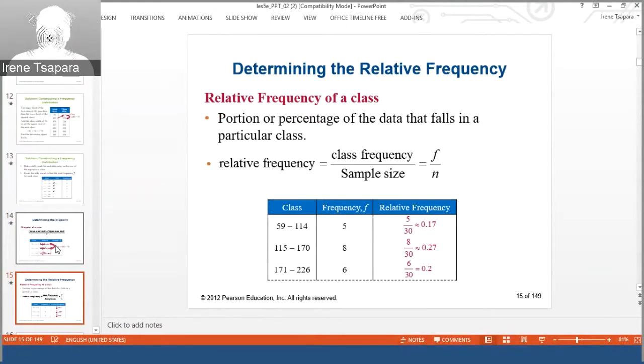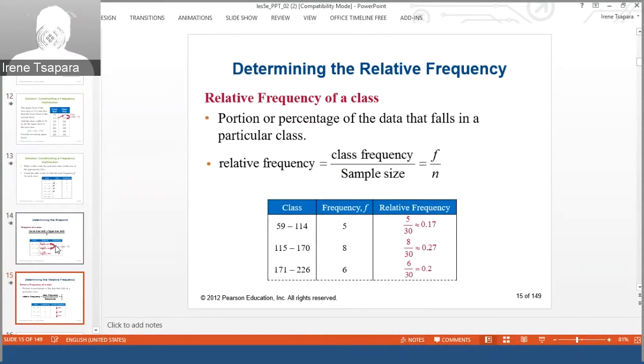And this is 5 over 30, that is 0.17. Now 0.17 is the relative frequency, but at the same time it is the proportion of the class frequency over the entire data set.